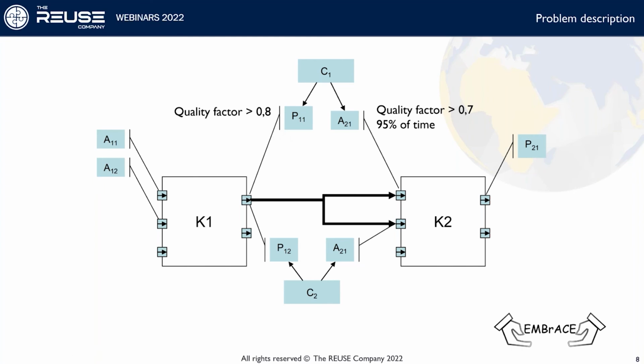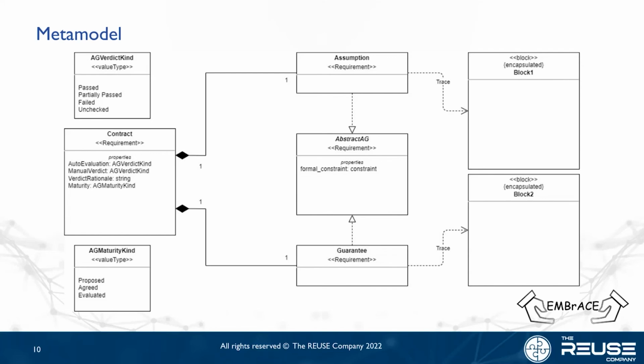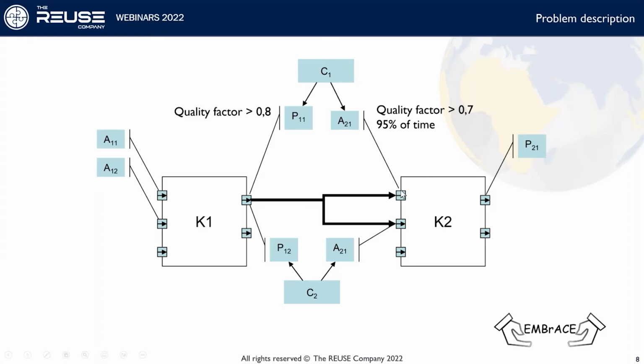So this metamodel, we are studying to change it in the future to allow more than one assumption in the contract and more than one guarantee in the same contract, because one component can have different outputs and different inputs, but regarding the same part of the contract.